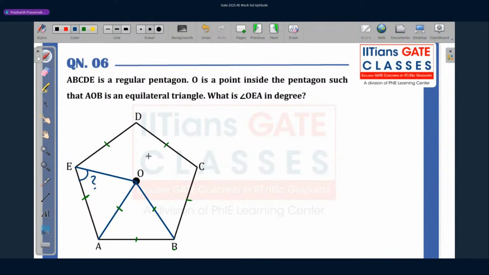Fine, let me start by asking a few simple questions. It's mentioned that ABCDE is a regular pentagon. So what's the internal angle? Let me just mark one. This one will do. What's the angle over here?